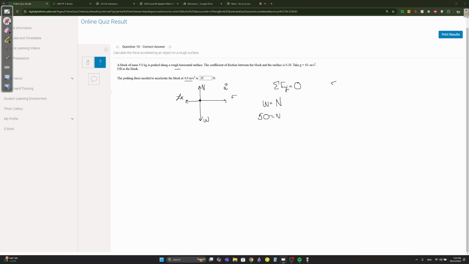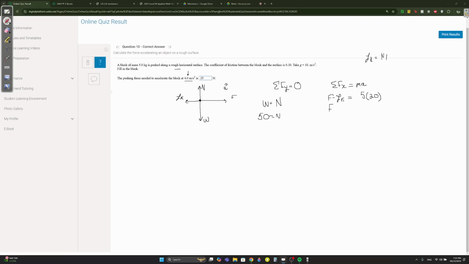This is Fy. How about sigma Fx? Isn't it accelerating? Yes, so it's equal to ma. What's Fx? It's moving to the right, obviously. So what do we do always? F minus Fk, the bigger one minus the smaller one, equal to ma. What's the mass? 5. Acceleration is 4, so 20. Force minus Fk. How do you find friction?